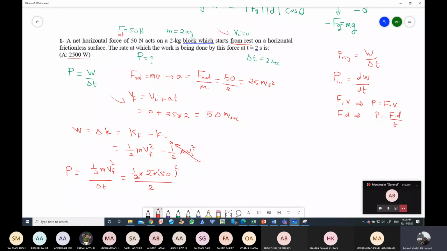It could be like what our friend said: I have V final 50, so V equals 50, F equals 50, and P equals F times V times cosine theta, which is equal to 1, which is 50 times 50, which equals 2500 watt. I will check. But how come the P is the same as the W? I will check it.